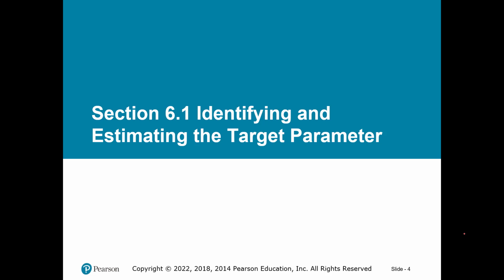Okay, so the first thing first, identifying and estimating the target parameter. So you know what a target parameter is, right? Our target parameter may be different. Say, for example, it is theta. So theta is equal to, say, mean, median, mode, all of these.